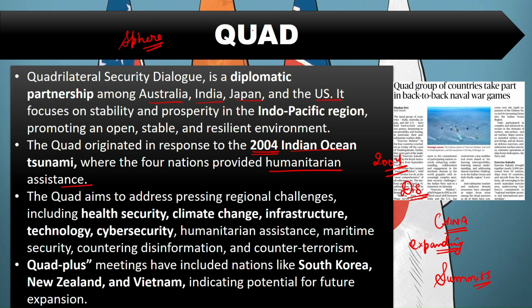So we are not limited to disaster management and humanitarian assistance, but this sphere is growing. Previously, this sphere had only humanitarian assistance and disaster management in it when it started in 2004, and all of these 4 countries came together. But as we move further, in 2011, summits start happening. Summits where all these 4 countries started to meet together and discuss topics.